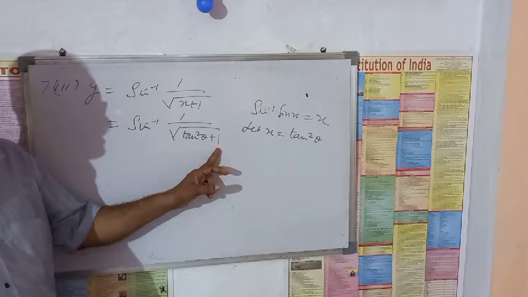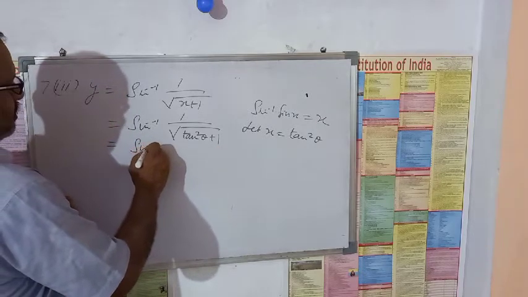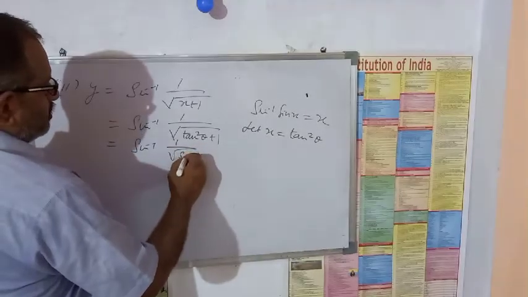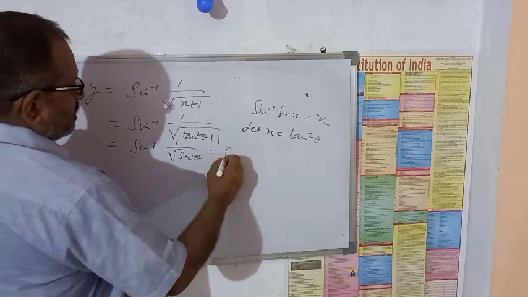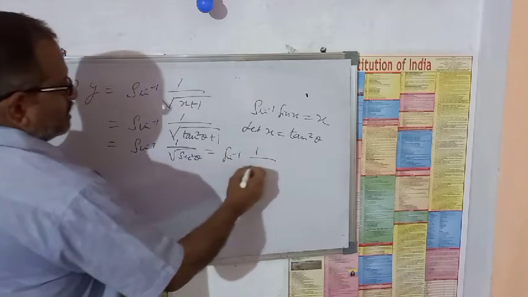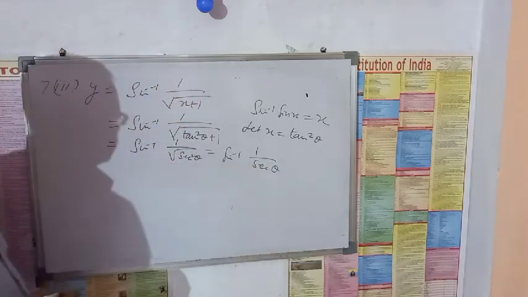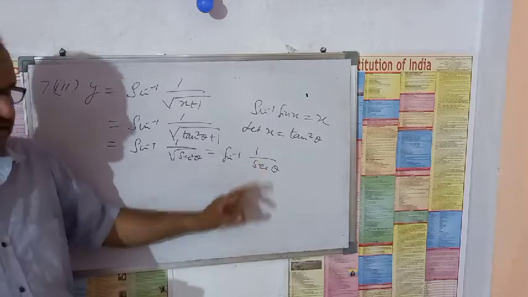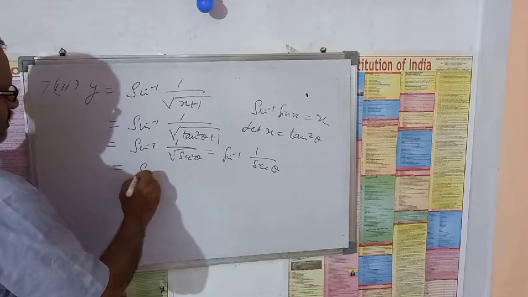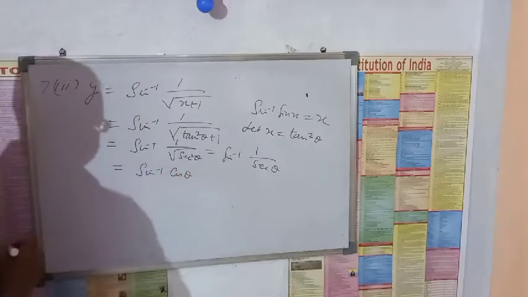Tan square theta plus 1 will be sec square theta. So 1 upon under root sec square theta. Sin inverse 1 upon the square root of sec square theta, which is sec theta. And 1 upon sec theta, we can write as cos theta. Sin inverse cos theta. Okay.